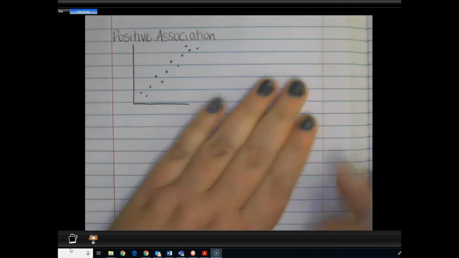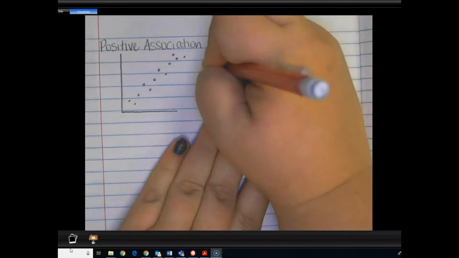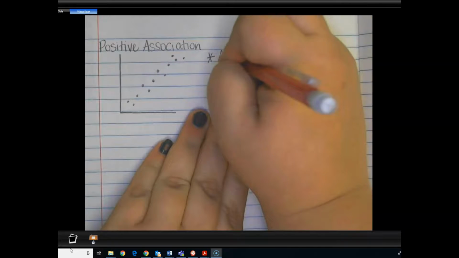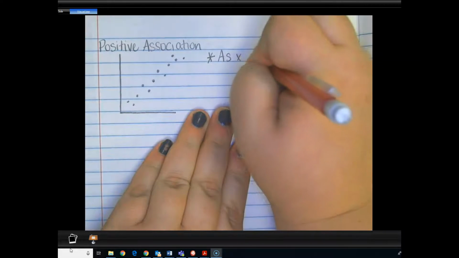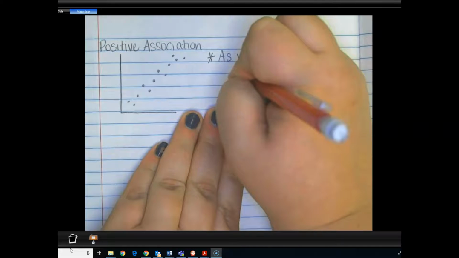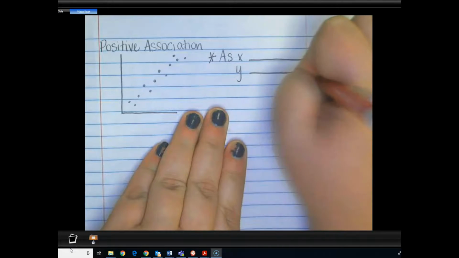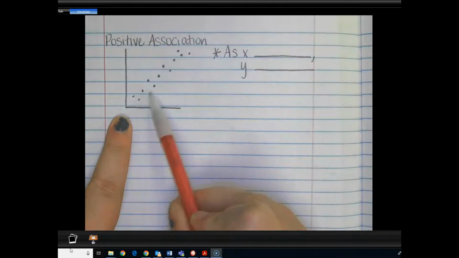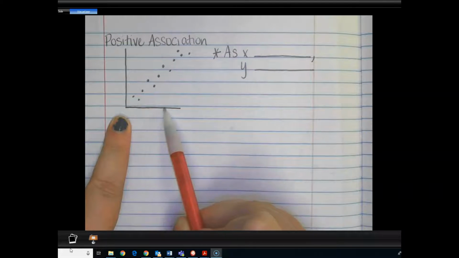Alright, so I'm going to put an asterisk, a stick star, I guess is a good way to think of it. And as x blank, y blank. Okay, so if I look at my points, they are going further along this x-axis.